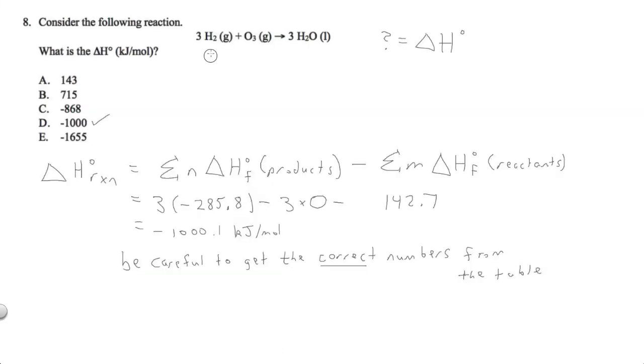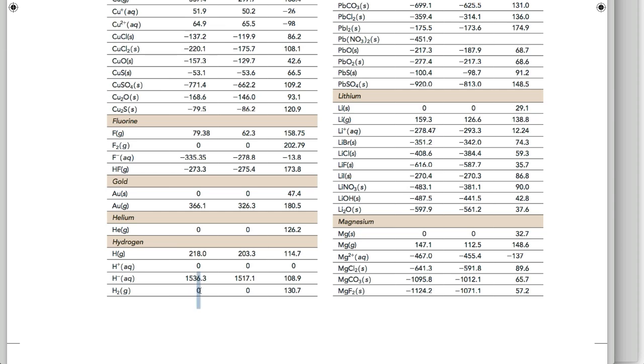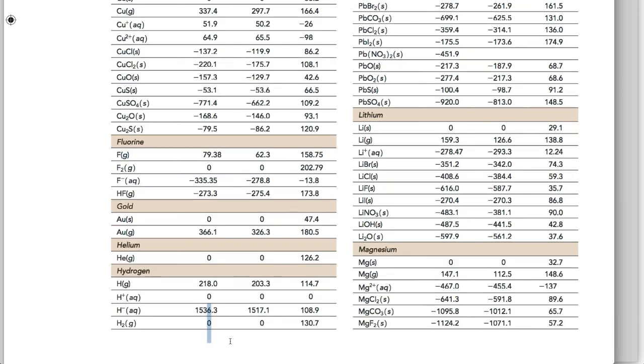We also need a number for H2 gas. So we take the number 0 for H2 gas. Make sure that you're taking the number for H2 gas rather than the number for H gas. Now, notice that it turned out that the standard heat of formation for H2 gas is 0.